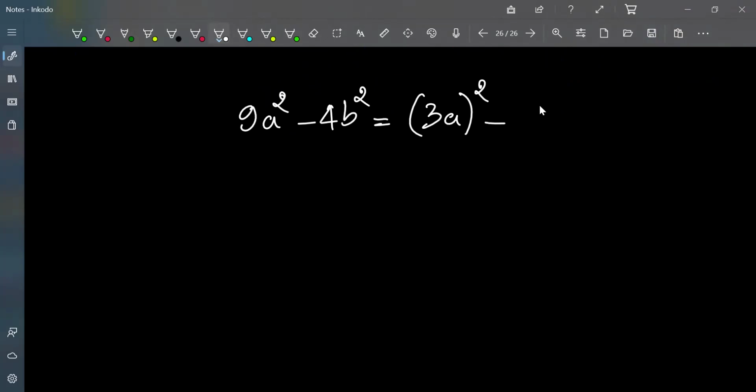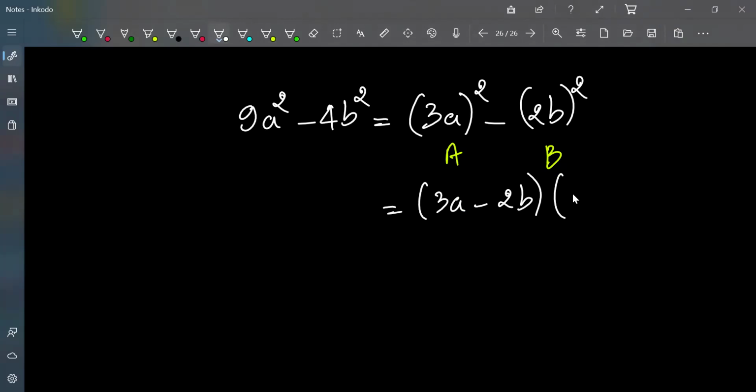And for b square we can write it as 2b square. In the same way, this is a and this is b, so we can write it as 3a minus 2b multiplied by 3a plus 2b.